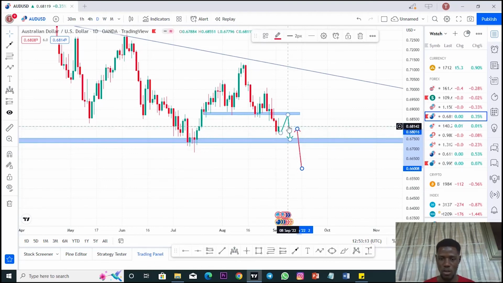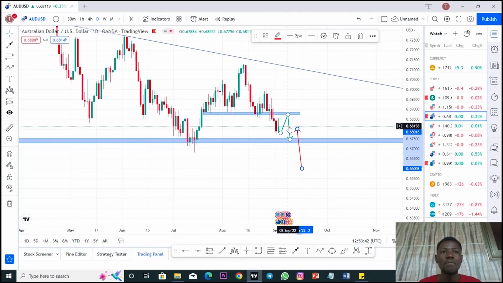So now I'm going to review what I wanted to tell you. So for these reversal patterns on the higher time frame, like the monthly time frame, the weekly time frame, the daily time frame, when these reversal patterns are created there, it changes the whole market structure, the whole market movement.